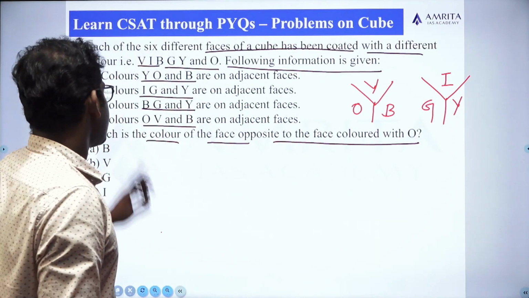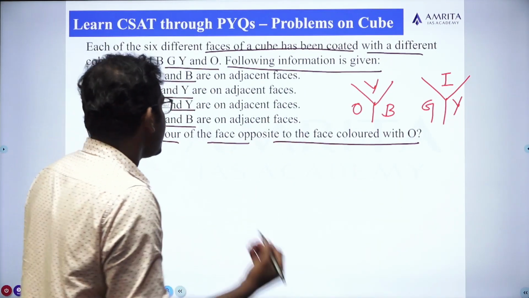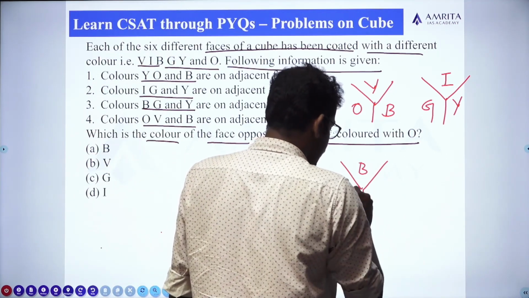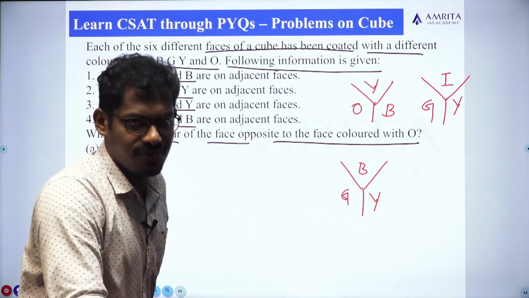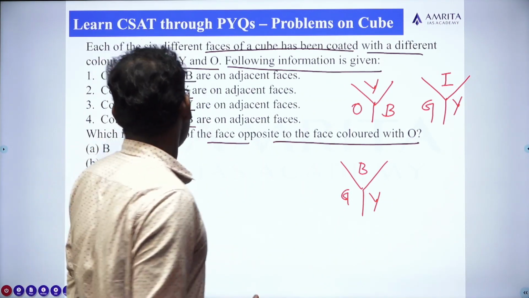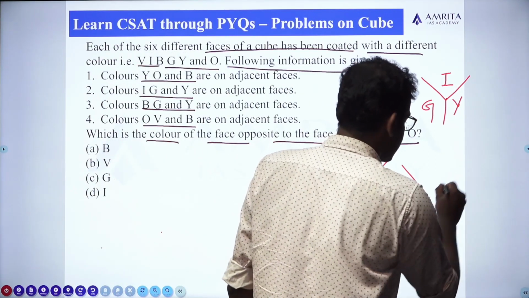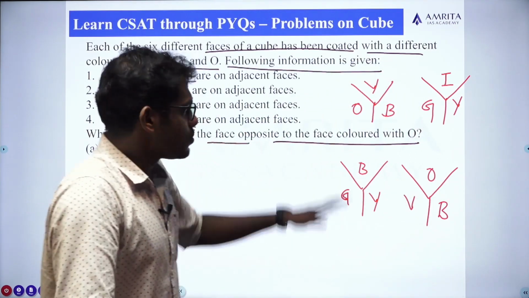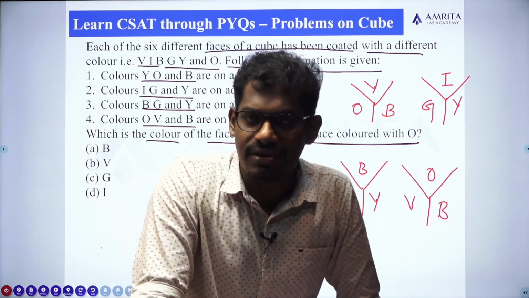Clear? Okay. The third statement, colors B, G and Y are adjacent faces. Clear? The fourth one, colors O, V, B are on adjacent faces. So these are the 4 pieces of information that are given in the question.